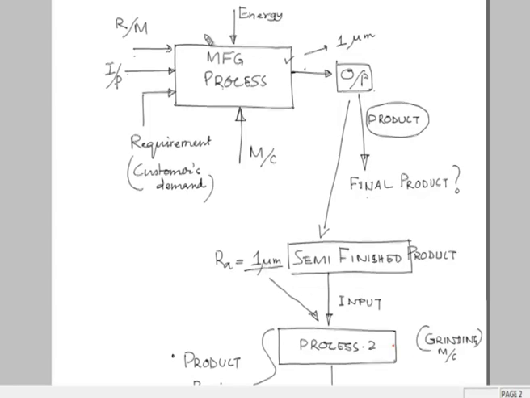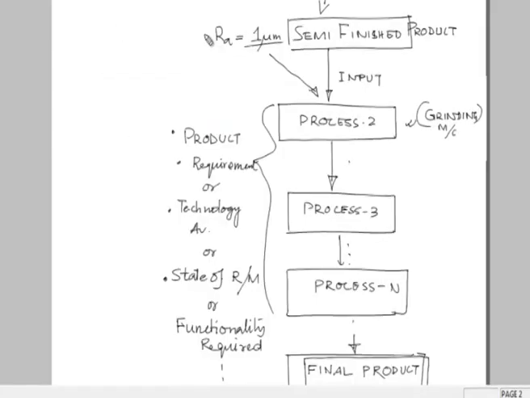Now, obviously this is a second processing I am using, and if this machine is capable of giving me 0.01 micrometer surface finish, then at this stage itself I am arriving at the final product. If not, then I have to go through the other processes as well. Now, let us take another step.